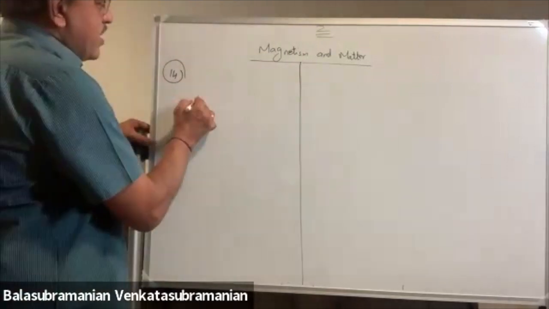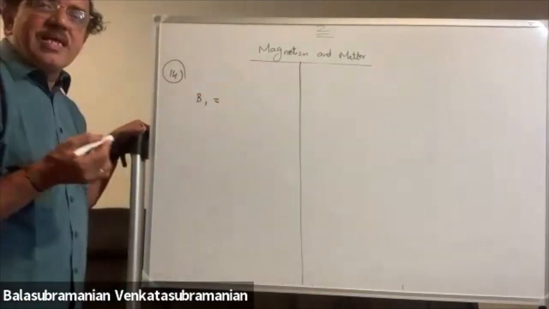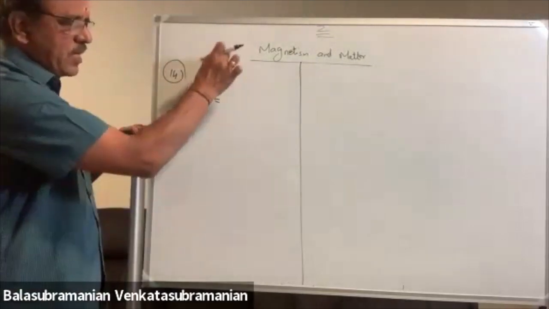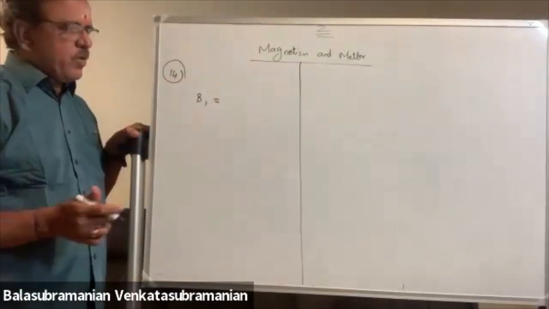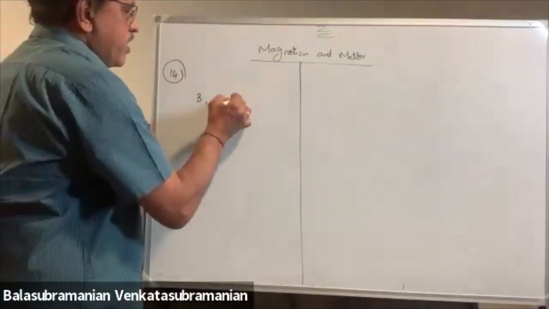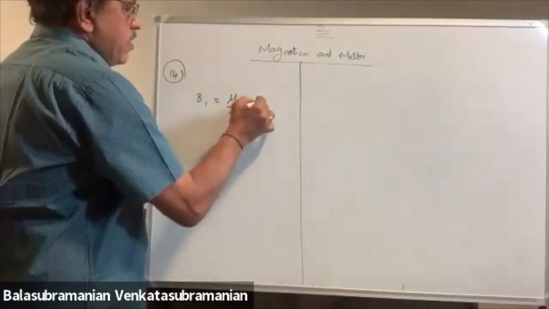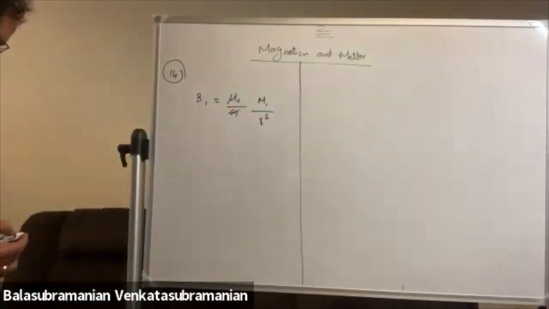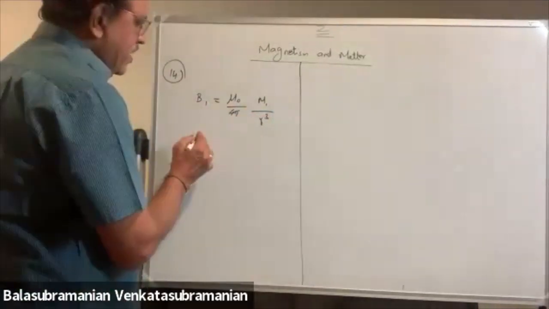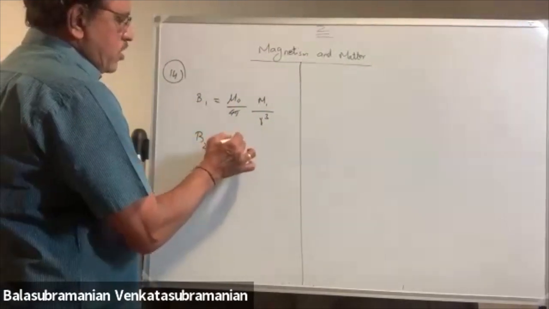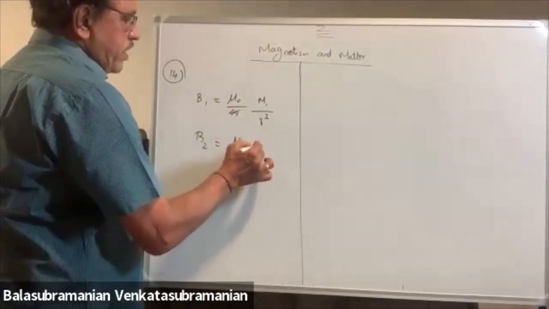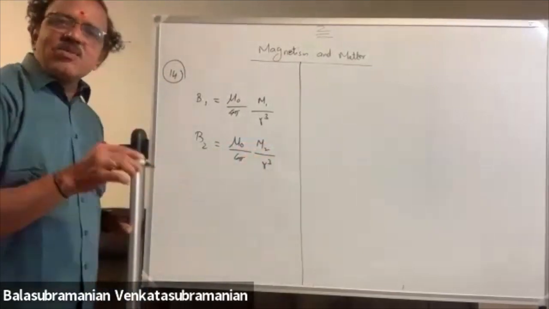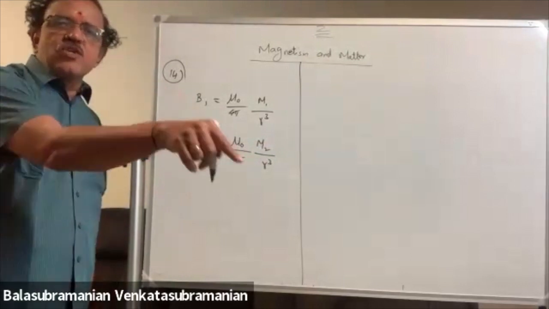For first magnet along the equatorial line, first magnet, second magnet along the equatorial line, common point B1. So mu naught by 4 pi M1 by R cube. For second magnet, B2 is equal to mu naught by 4 pi M2 by R cube. In addition to that, earth magnetic field is also present.